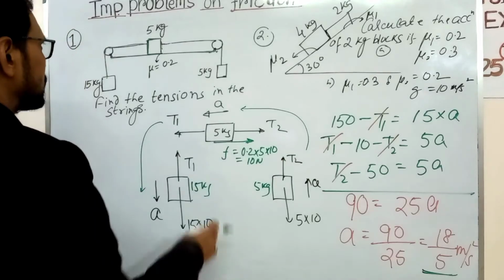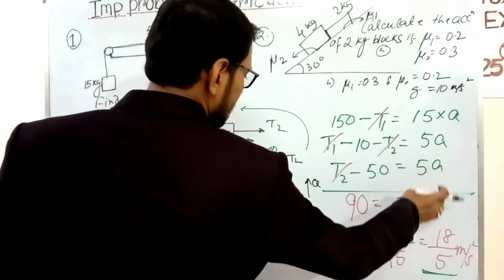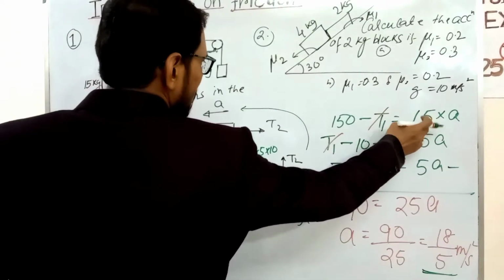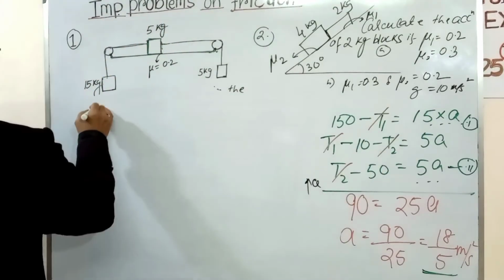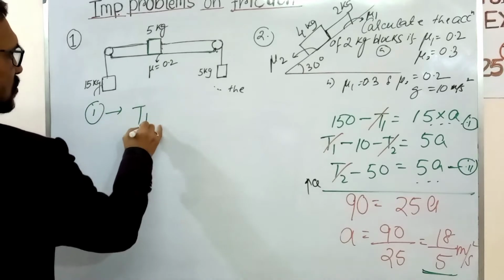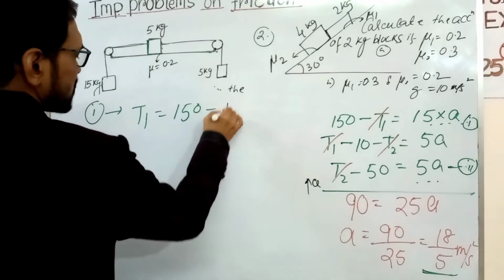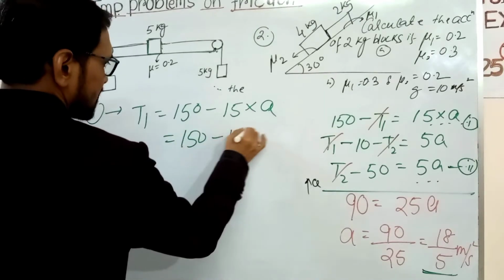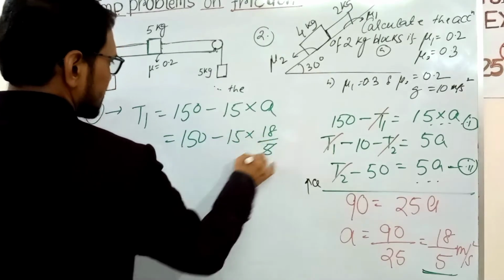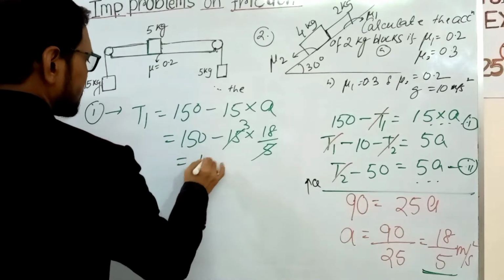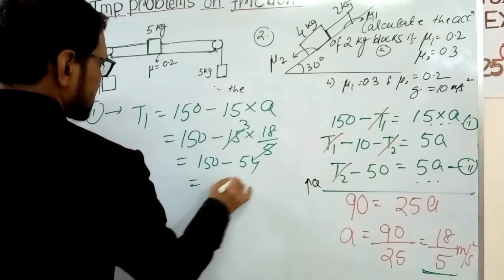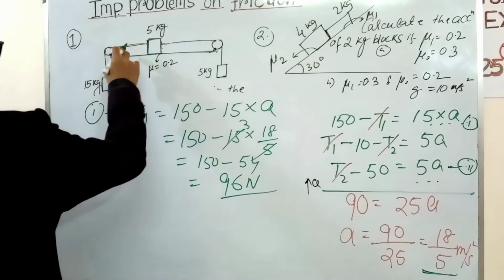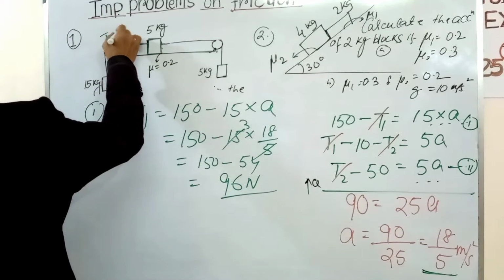Now to find the tension, just put the value of acceleration here, and we get T2, and from this equation we get T1. T1 equal to 150 minus 15 into a, which is 15 into 18 by 5, that is 54. 150 minus 54 is 96. So T1 is 96 Newton.